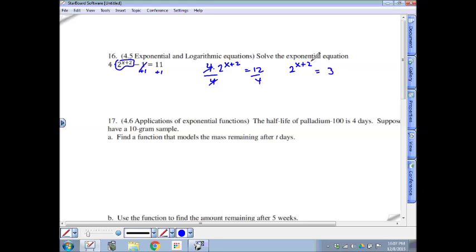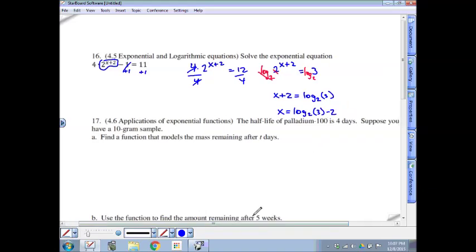So now we've got 2 to the x plus 2 by itself. We can cancel the base of 2 using log base 2. So now we've got x plus 2 equals log base 2 of 3. And then we can subtract the 2 to the other side of the equation and get x equals log base 2 of 3 minus 2.